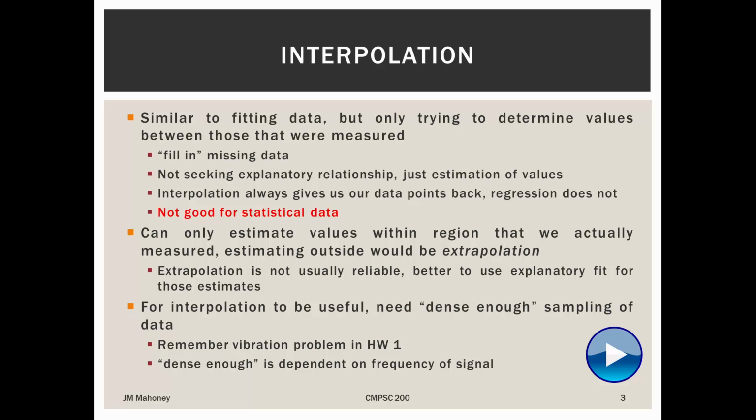If we're collecting it too infrequently, and we try to use linear interpolation, our estimate is going to be way, way off. So basically, if something is oscillating at some frequency, we need to sample at a higher rate than that frequency in order to adequately reconstruct the shape of the original data. So again, the higher the frequency something is oscillating or changing, the more frequently we need to sample in order to have a dense enough collection of data so that our estimates are good.